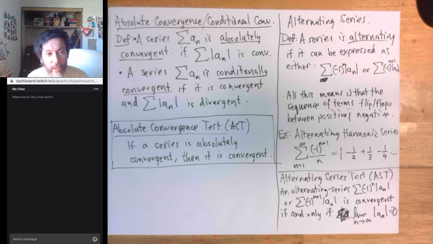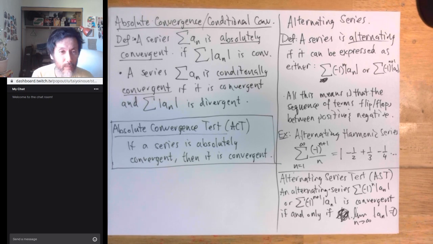So you should be having memories of the divergence test. Remember what the divergence test says. The divergence test said that the only way that you could possibly have a convergent series is if the limit as n approaches infinity of the sequence of terms is 0. That's what the divergence test says.